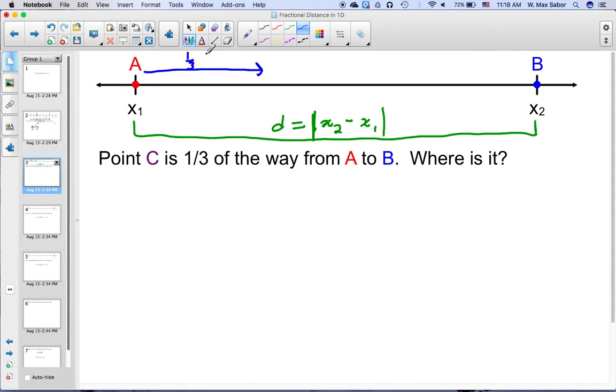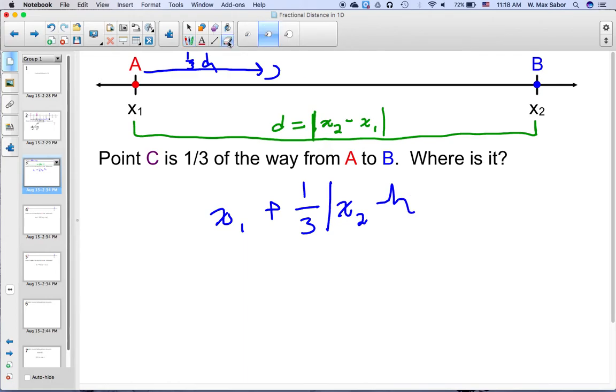And a third of that distance is what we want to add to x1. So we're going to take x1 and we're going to add a third of this distance to it. Why is this doing that? So there, we start here at x1.